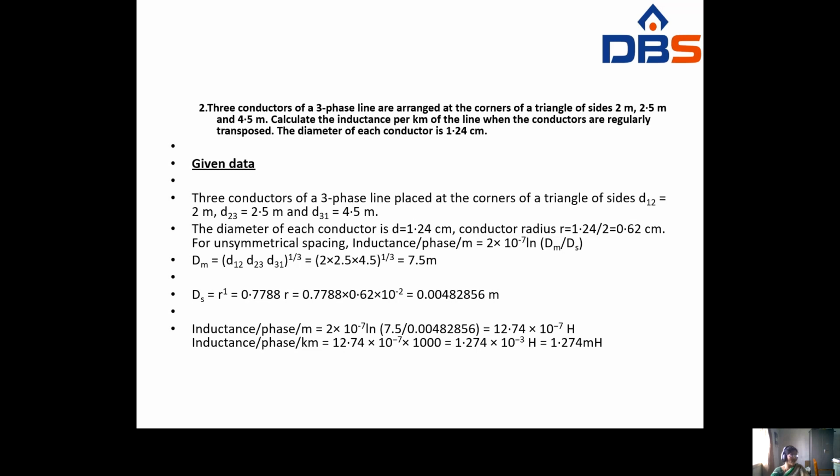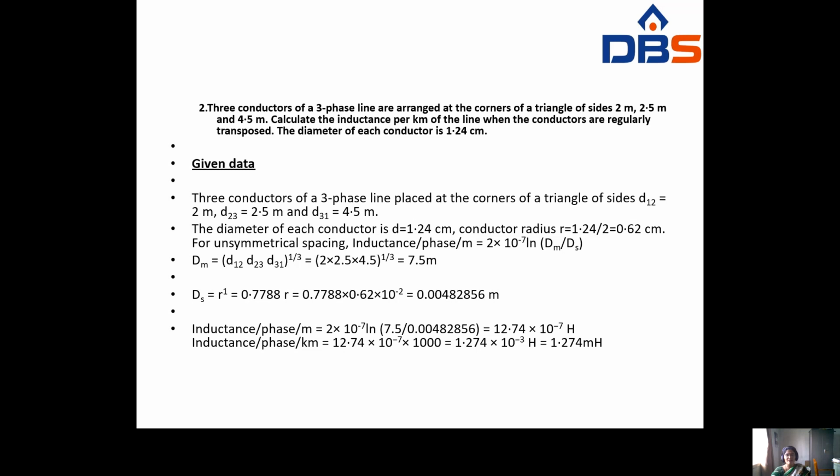So you write 0.7788 into 0.62 into 10 to the power of minus 2. Multiplying, finally you get 0.00482856 meters. This is the value of the self GMD.